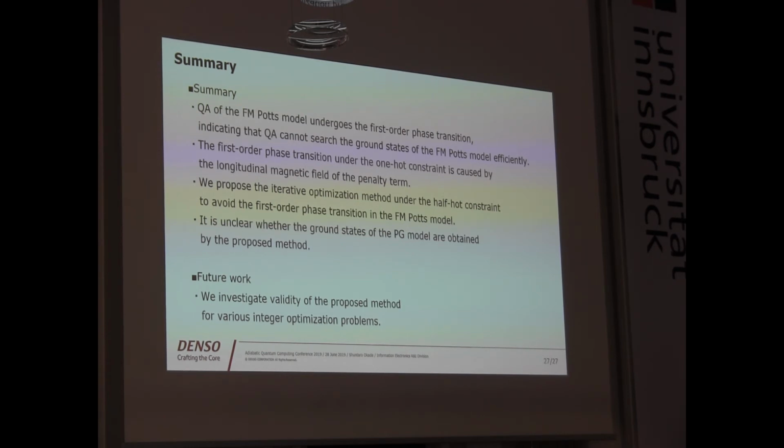We propose the iterative optimization method under the half-hot constraint to avoid the first-order phase transition in the ferromagnetic Potts model. And it is unclear whether the ground states of the Potts-Glass model are obtained by the proposed method. It is future work to investigate the validity of the proposed method for various integer optimization problems. Thank you.